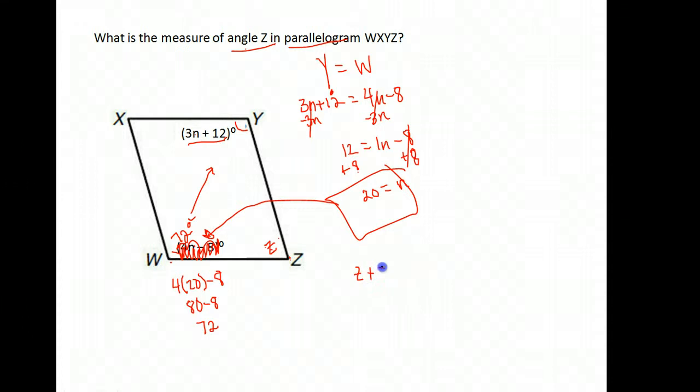So angle Z plus the 72-degree angle together should be 180, and I can go ahead and find my Z by subtracting 72 from both sides. And I get 108. So this figure is obviously not drawn to scale, but we always go with the properties rather than the visuals.